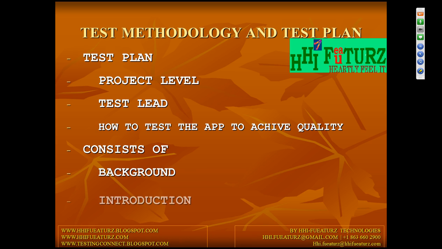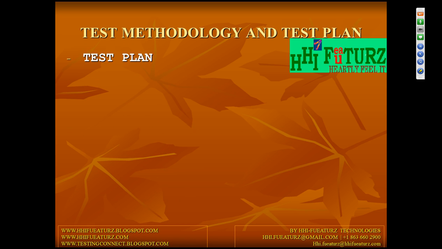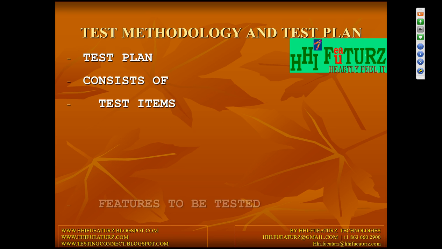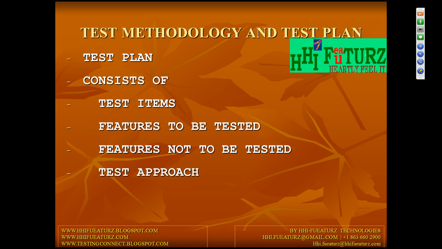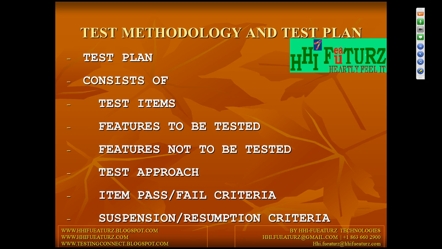Okay. So you will come up with background, introduction, assumptions, features to be tested, features not to be tested, suspension and resumption criteria, test case pass or fail criteria, test items, test approach. Okay.